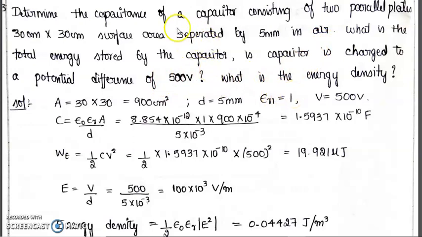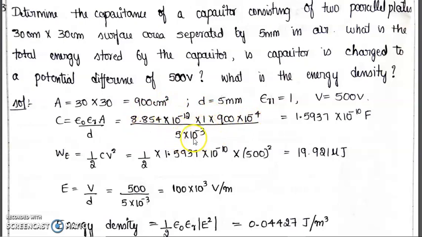Now to calculate the capacitance, you know that C is equal to epsilon into A by D. So epsilon can be written as epsilon naught into epsilon R. Epsilon naught is 8.854 into 10 to the power minus 12, epsilon R is 1 and A is 900 into 10 to the power minus 4.